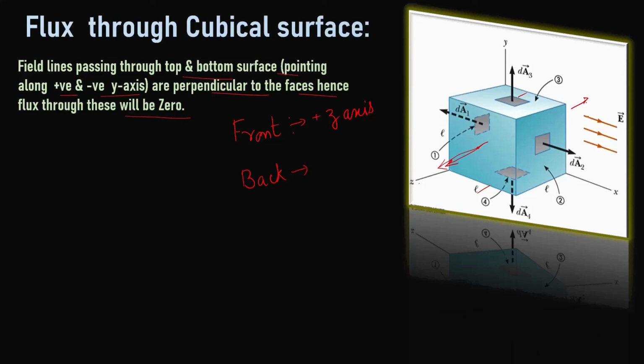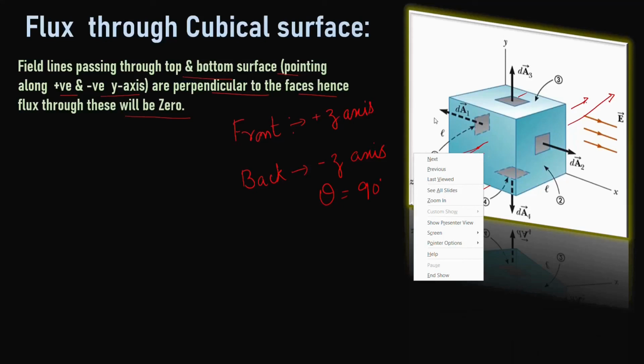For the back portion, similarly, it will be pointing along the negative z-axis. These are the directions associated with the planar faces, positive z-axis and negative z-axis for the front and the back portion. Again, the angle between the electric field and the area vector becomes 90 degrees, so the flux associated with the front portion and the back portion again becomes 0.